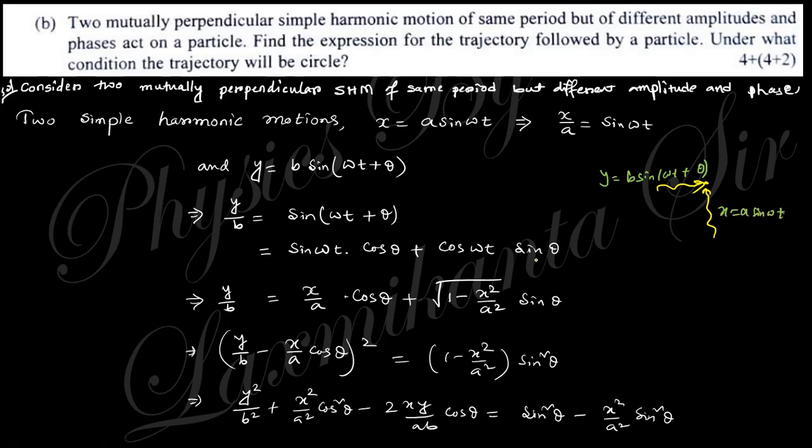So if these two waves superimpose on a single particle, then what happens? The resultant displacement of this particle will be like that, that is y equals b sin(omega t plus theta), that is y by b equals like that, using the sin(a plus b) formula.